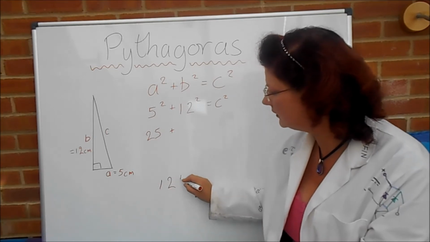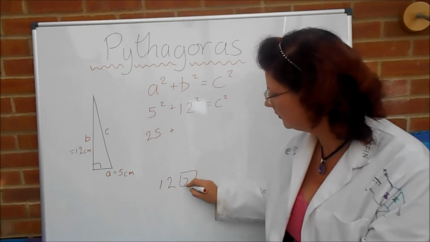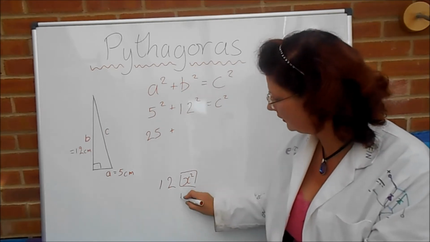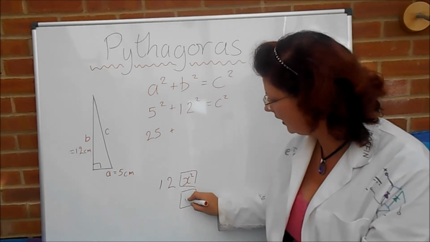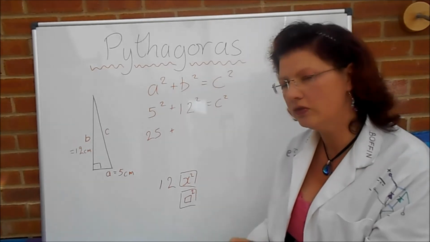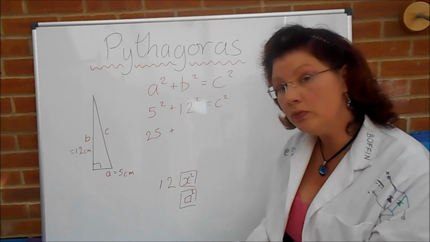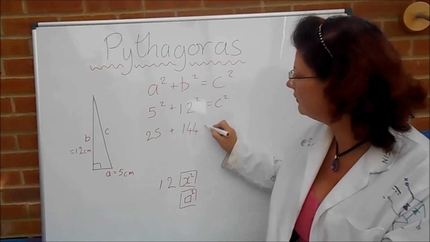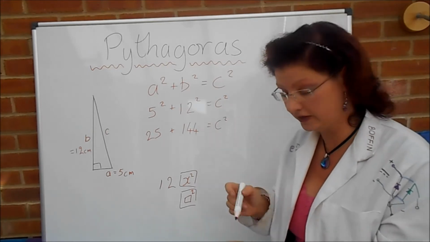For some calculators, you're going to put it in like that. Other buttons might have a block with a little 2 or something like that, depends on what your calculator is. Whatever you put in, you should get the answer of 144, and that's equal to C squared.